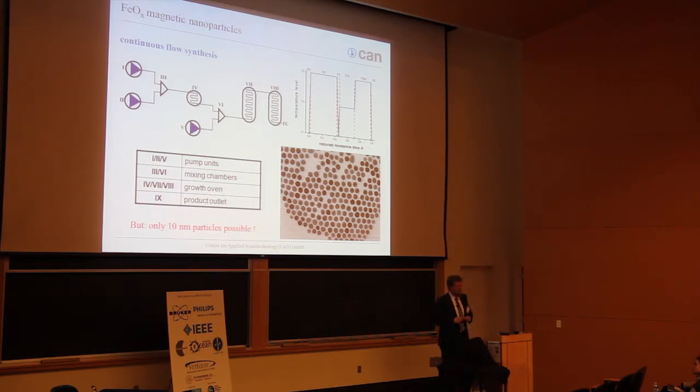This is more or less similar to a synthesis published by Hyeon, but we just made some tiny changes to make it possible in continuous flow. And here you can see a result, quite nice 10 nanometer particles. So far so good, but there are a lot of problems.